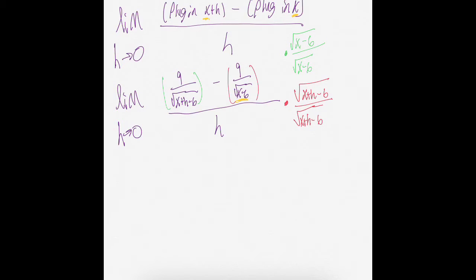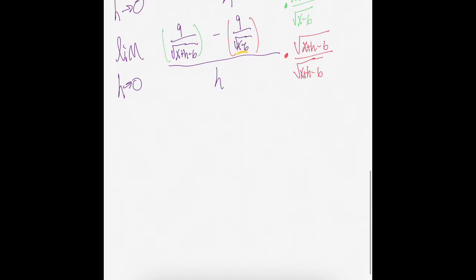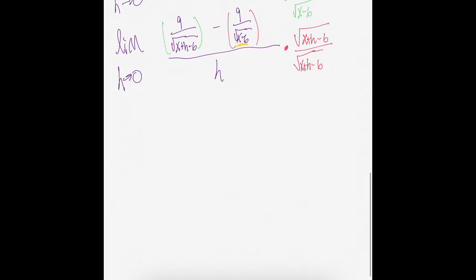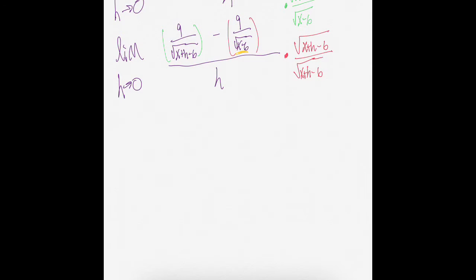I've written it off to the side here because there's no space. What I mean is I'm going to multiply the one in green by the green fraction, and the one in red by the red fraction. Notice that they're both just fancy ways of writing 1.